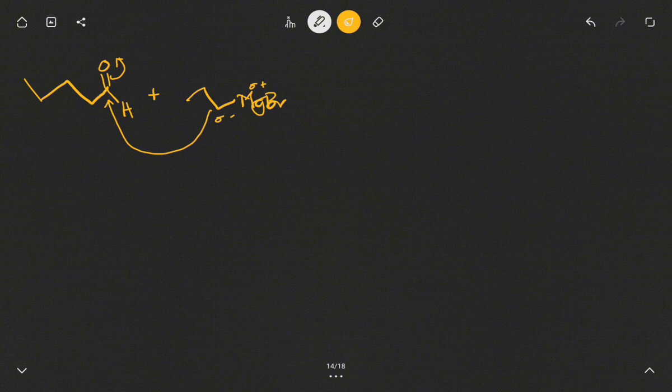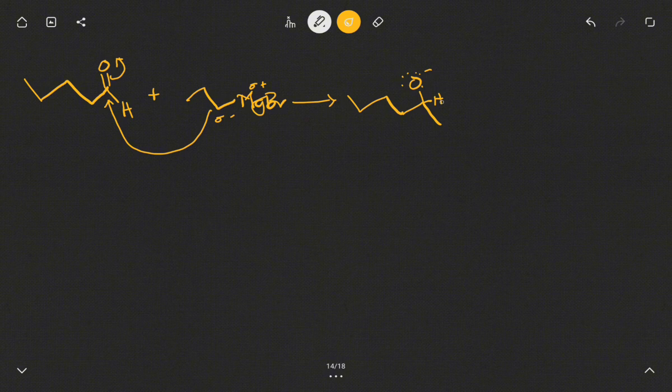And as a result of this, we are going to have an oxyanion. So this time we have, let's see, 1 2 3 4 5 6. All right, so this is an O with 3 lone pairs and a negative charge, and then we have a hydrogen attached.